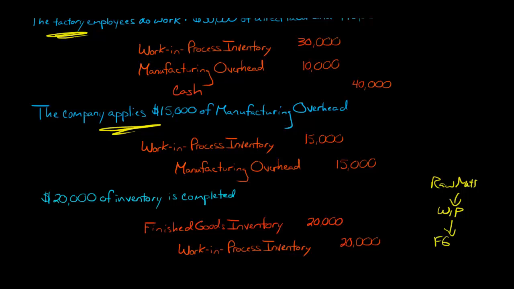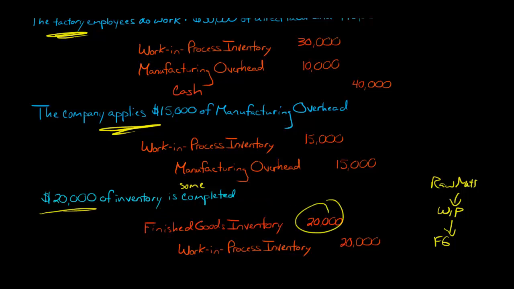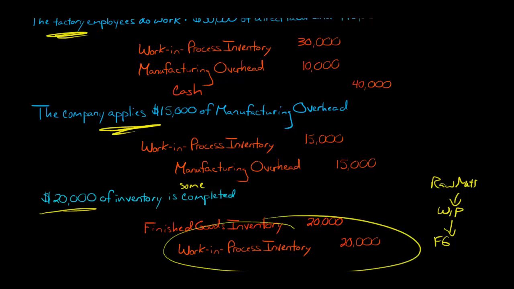It's ready for sale. I'm just saying some of the inventory, not everything above, has been completed, $20,000 worth. So we're going to debit finished goods inventory, which is going to increase it, right? It's an inventory, an asset account, so it increases with a debit. And then we're going to credit work in process inventory for $20,000.